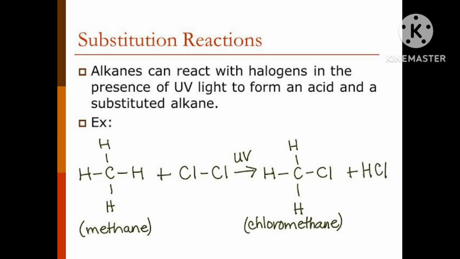Due to the evolution of a large amount of heat during combustion, alkanes are used as fuels. Why are alkanes, hydrocarbons, used as fuels? Because see how much energy they give. If you require more energy, you have to select a fuel which can produce more heat.